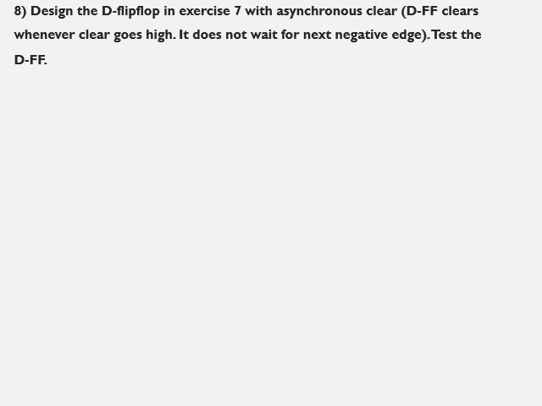The block diagram does not change. The block diagram is the same, that is, it has input D, the clock, which is a negative edge triggered clock, and clear, and the output is Q. The only thing that changes here is how you write the always statement.